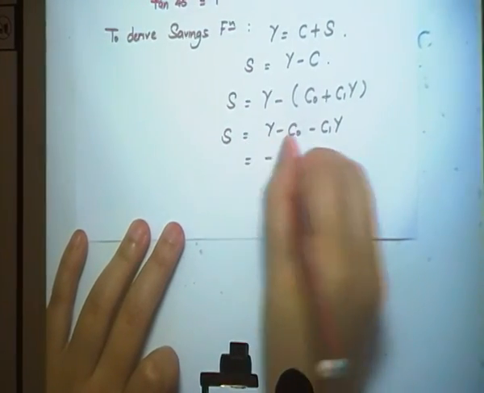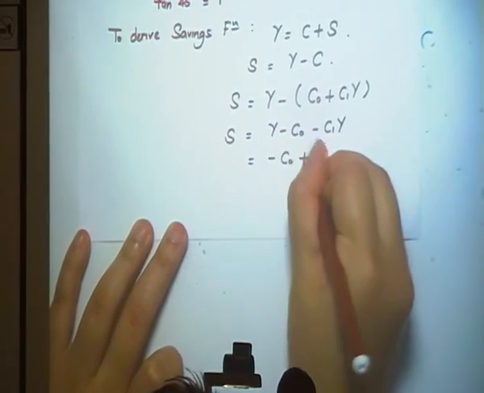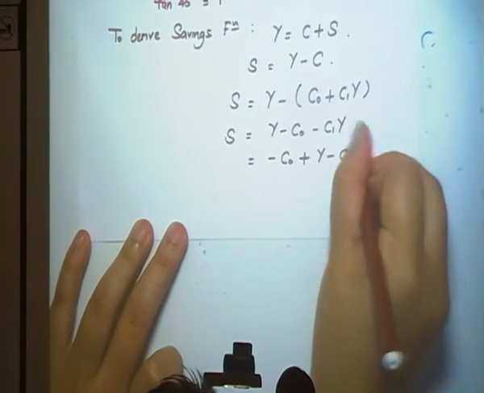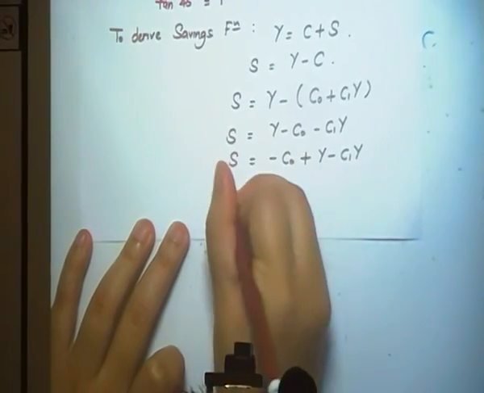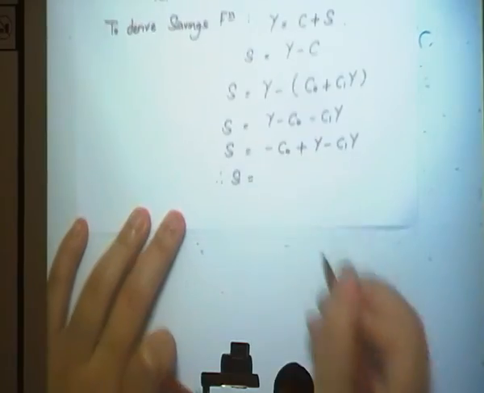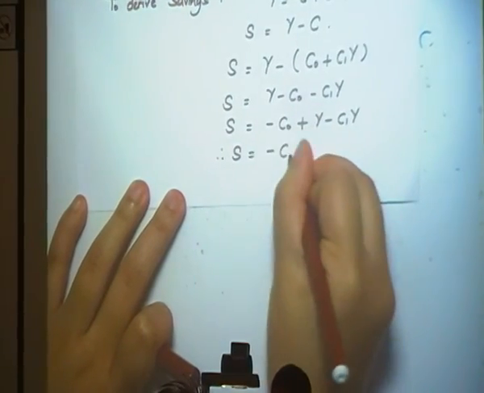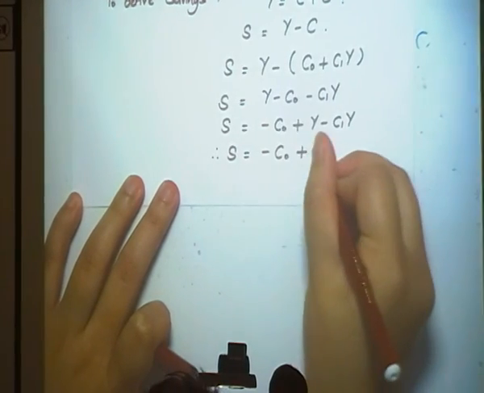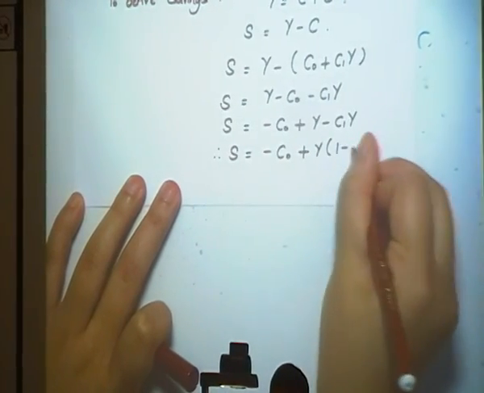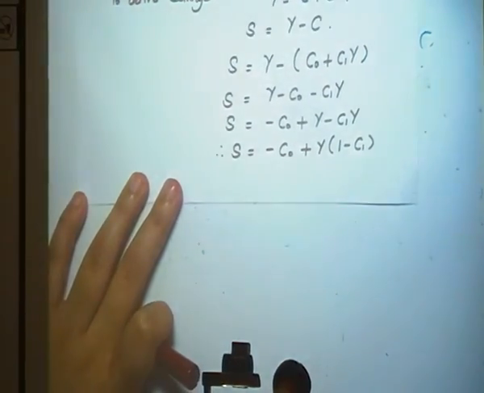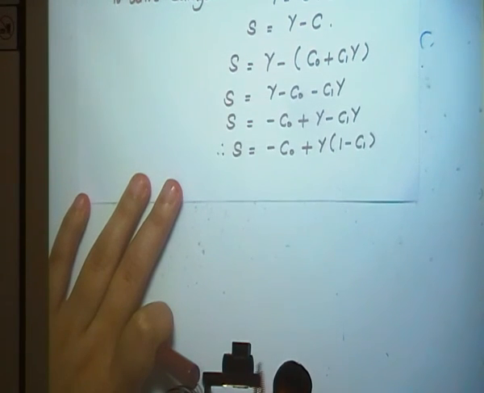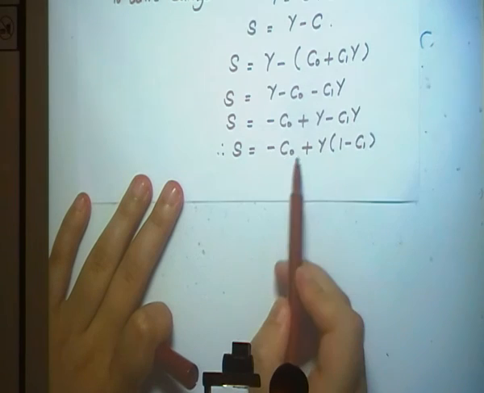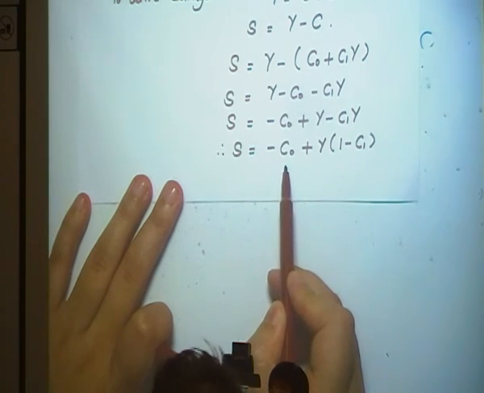And if you rearrange this, it is minus C0 plus Y minus C1Y. You notice your savings has minus C0. If I factorize out my Y, what do I get? 1 minus C1. So what did you see there? You see this? Minus C0.